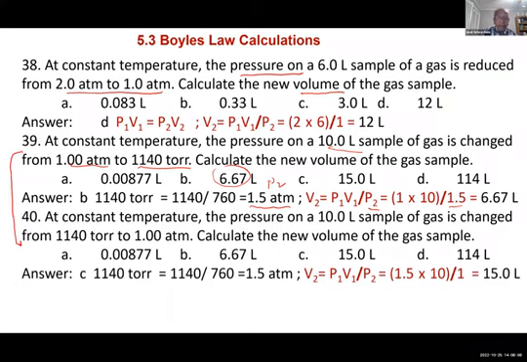Now the P1 is in torr. P2 is in ATM. Therefore, you change P1 to 1.5. P1 is 1.5 now. So when you calculate that, you get the answer C.